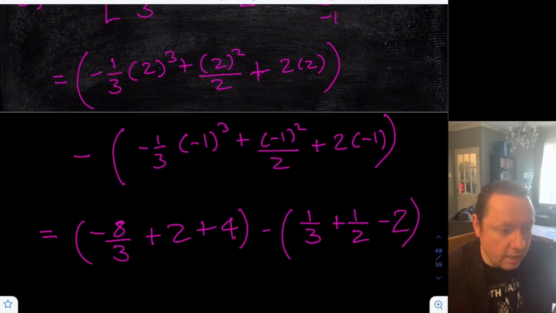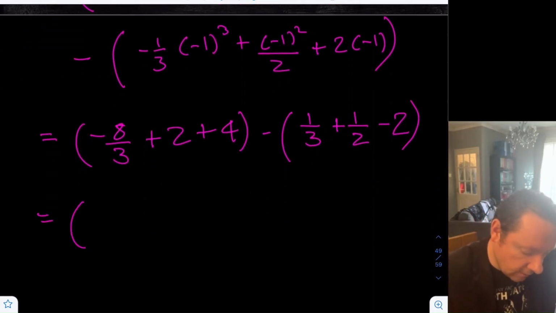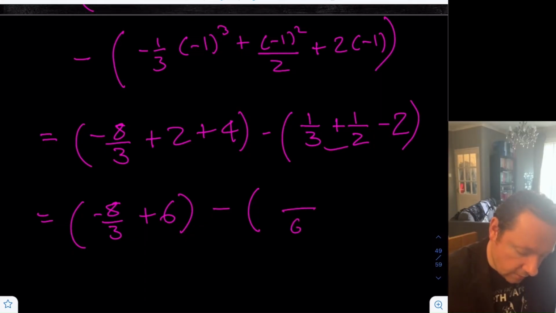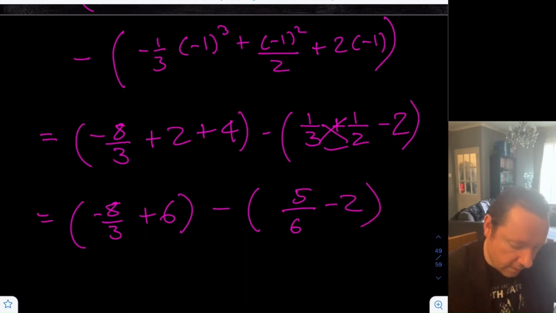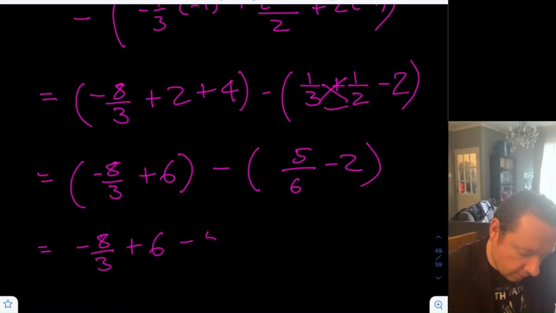So we've got some fractions to deal with, and it was paper 1, so we're just going to have to keep going. -8/3 plus 6, minus, I'll just times them together to get 6, 2 and 3 is 5, so we get this. I will now just take the brackets away: -8/3 plus 6 minus 5/6 plus 2.